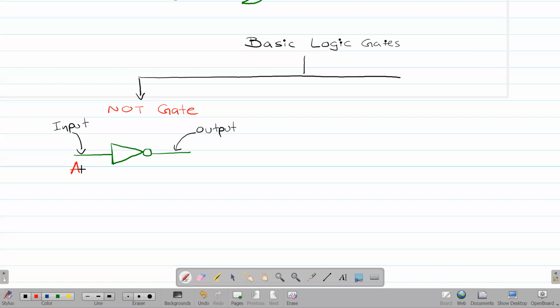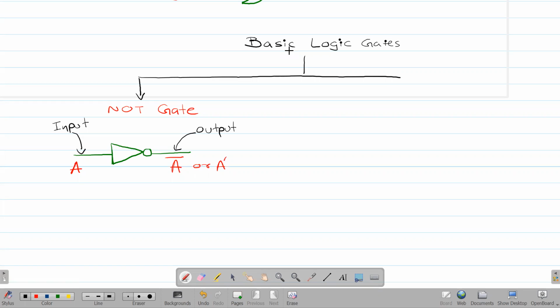If A is given as an input, the output can be indicated as A bar, or we can indicate it as A dash. Both methods are being used, right? As well, to describe what really happens with the NOT gate, there is a certain table which they call a truth table, which indicates the operation of the NOT gate.